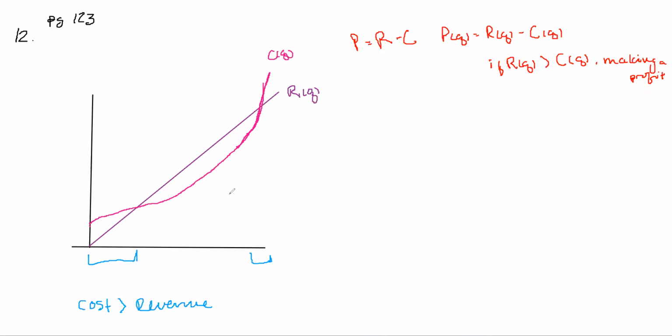So with a cost higher than revenue, we're not making a profit in those areas. And from here to here, we are making a profit. So it's important walking into this to understand where we are making a profit, where we're not, and the points at which that changes. That's all going to feed into our answer of whether or not we should get this 50th bus.